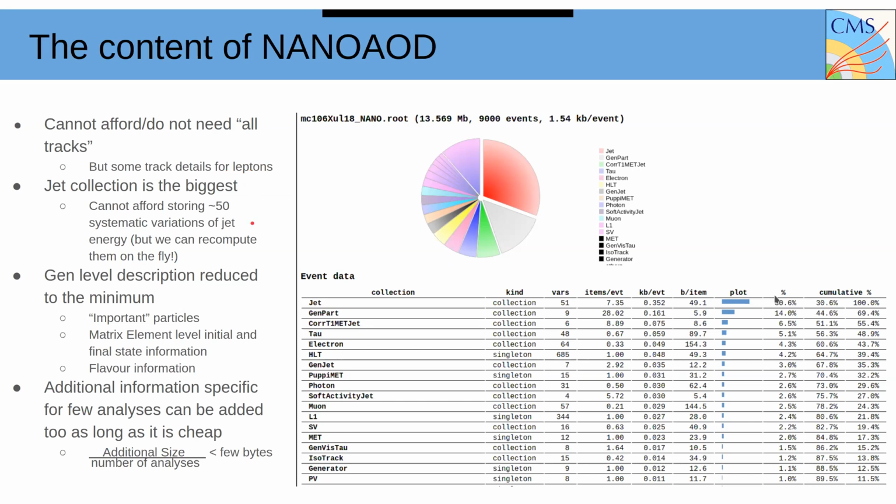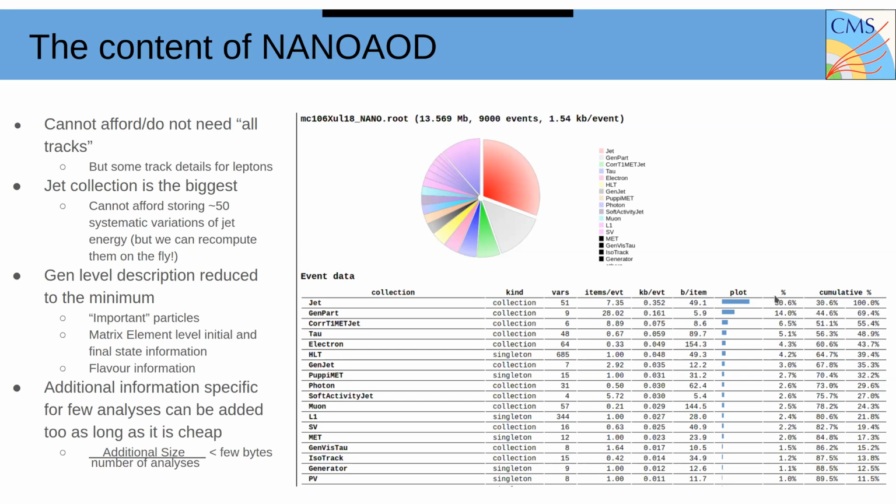The biggest thing is the jet collection, and the jet collection is made, if you can see in this table, of order of 10 objects per event on average. And for jets, we store many variables, up to, you can see here, 50 variables. And then in addition, you may want to store all the variations due to systematic uncertainty of those variables.